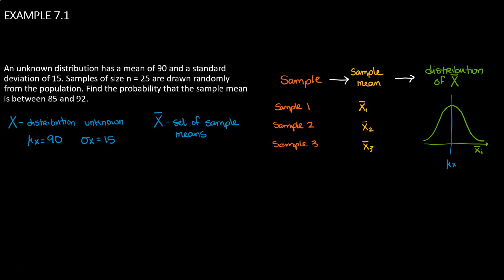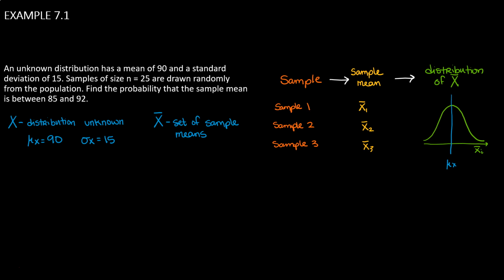If we take samples from our original random variable, calculate the mean for each one of these samples, then we know the distribution of those sample means will be normally distributed, and we also know the center of that distribution will be exactly the same as our original random variable.